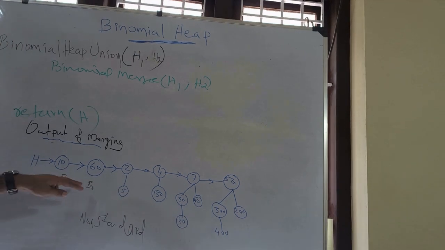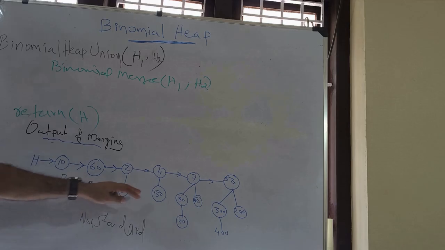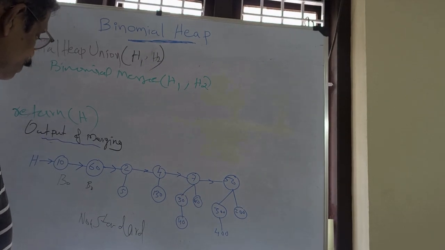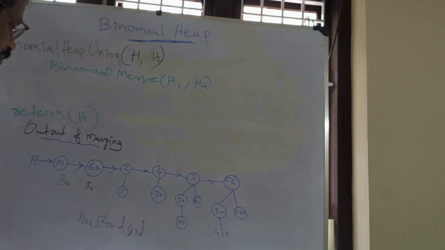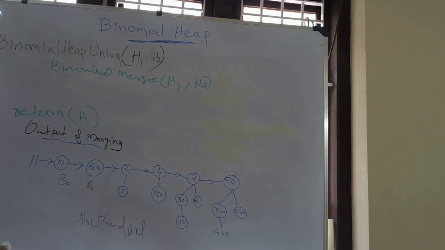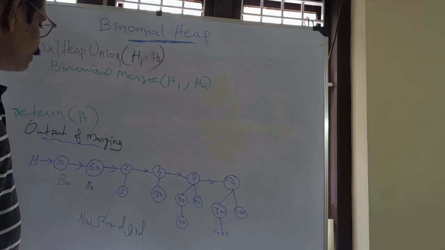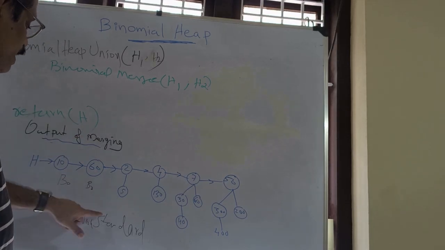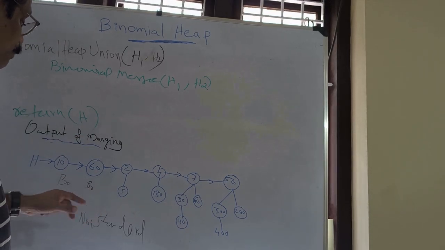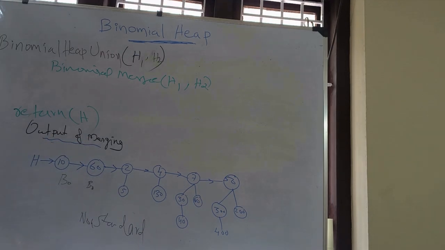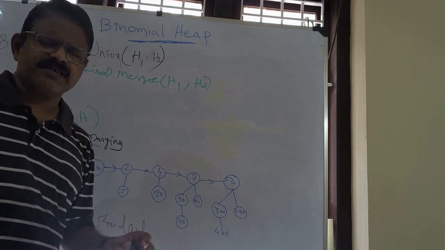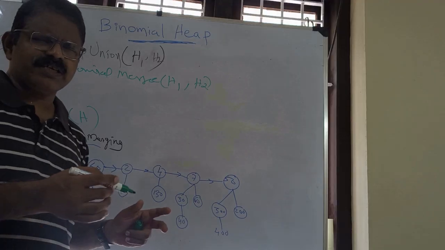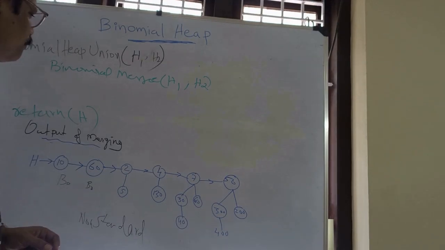Non-standard means, see, this one has two B0s, two B1s, etc. In a standard binomial heap, only one B0 is permitted, only one. The output of this merge operation is a non-standard binomial heap. We have seen this merging, but this operation simply collects the binomial trees of the same degree and puts them together.